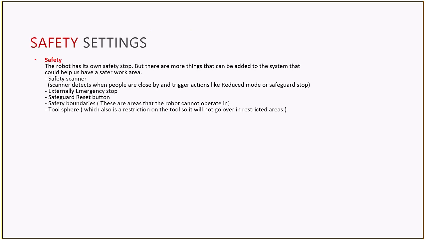Safeguard reset button and safety boundaries are ideal to work with too, because if you have 3 robots close to each other, you don't want them to cross into each other's work area. So then we use the safety boundaries. And we've got a tool sphere, and a tool sphere is nothing more than a restricted area that you put around the piece, for the piece not to cross that safety boundary too. But we'll see that too in a minute.